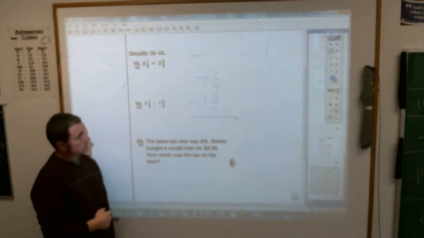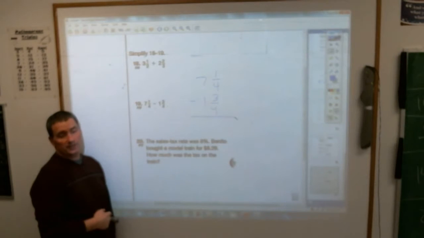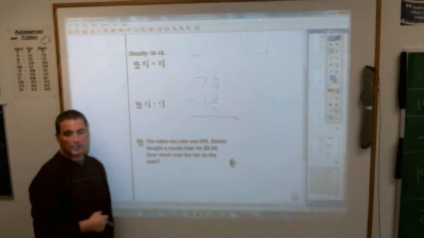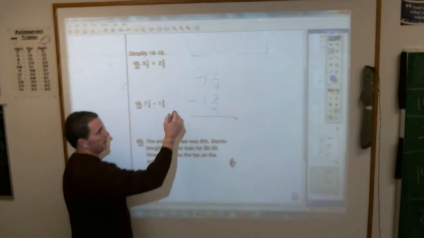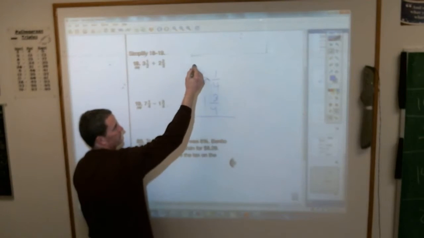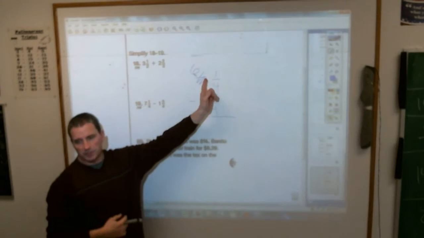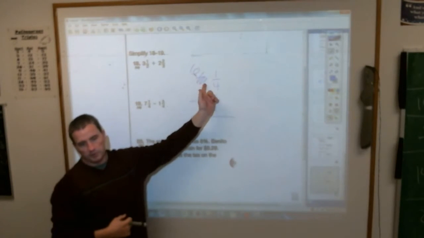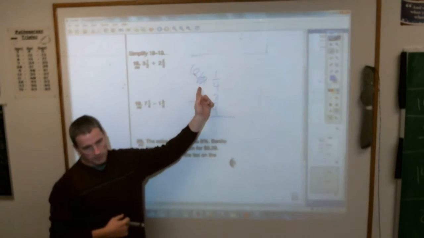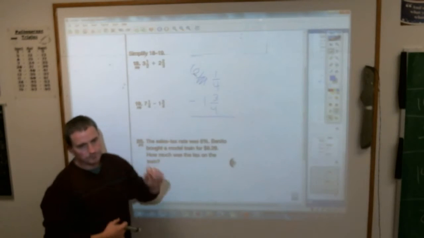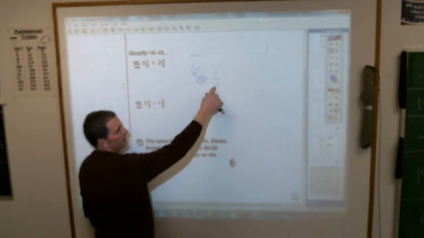That's what I did. So what do you do in normal subtraction when you can't take something away from something? Borrow. I have to take 1 away from the 7 and make it a 6. And then the question is, what happens to this fraction here? Am I gonna help you out with what we talked about doing? Isabel? Add 4 to the.